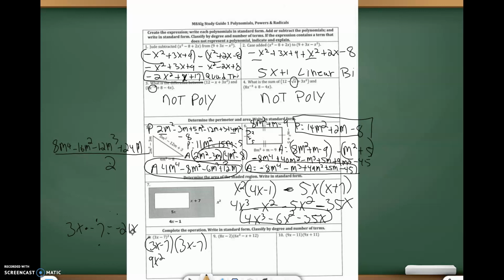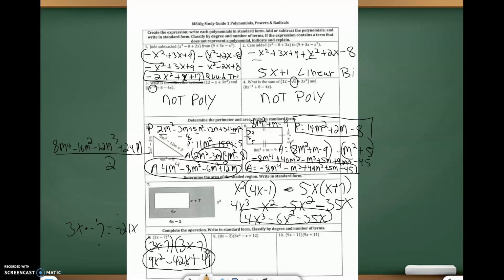You double it, so that will give you negative 42x. And then negative 7 times negative 7 is a positive 49. You should know that that is a quadratic trinomial.